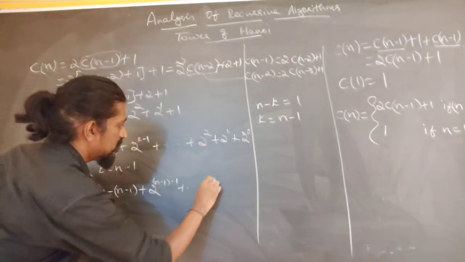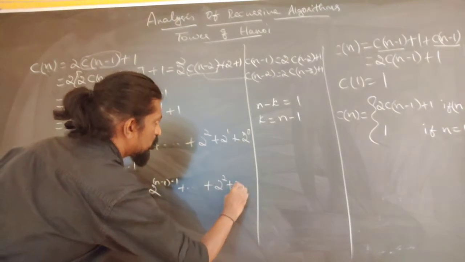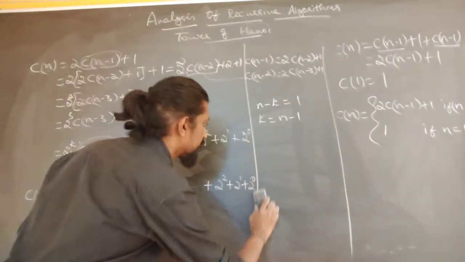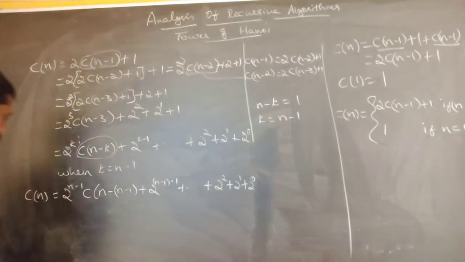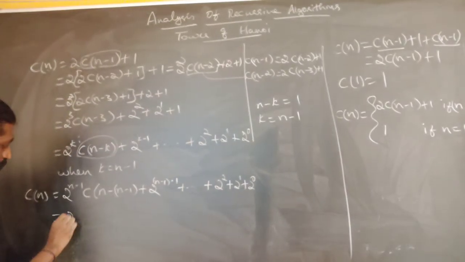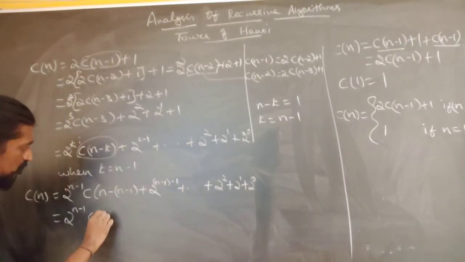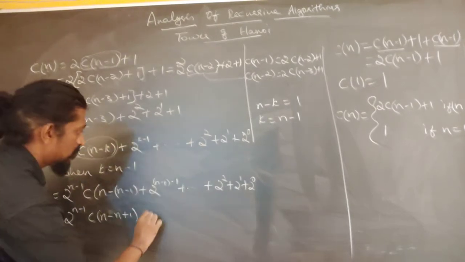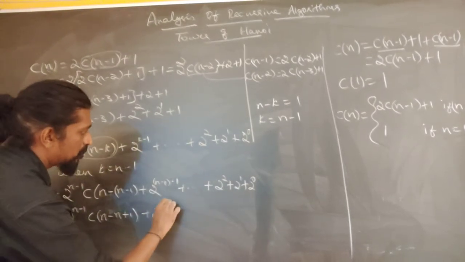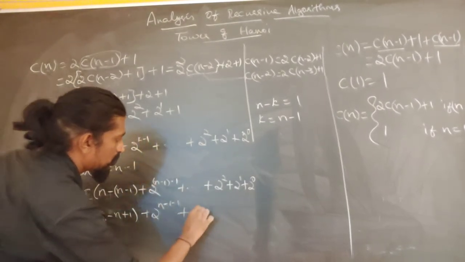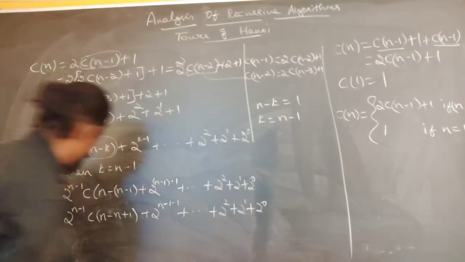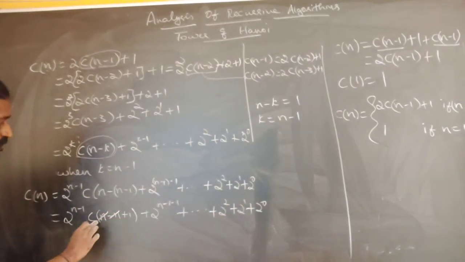This continues up to 2 squared, 2 to the power of 1 plus 2 to the power of 0. So now this is equal to 2 to the power of n minus 1, C of n minus n plus 1, plus 2 to the power of n minus 2, plus 2 squared plus 2 to the power of 1 plus 2 to the power of 0.